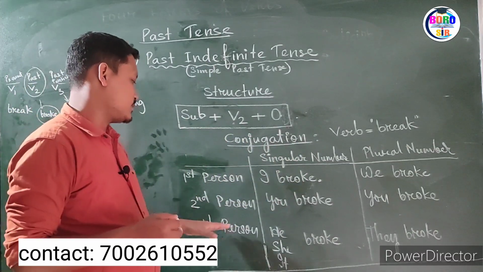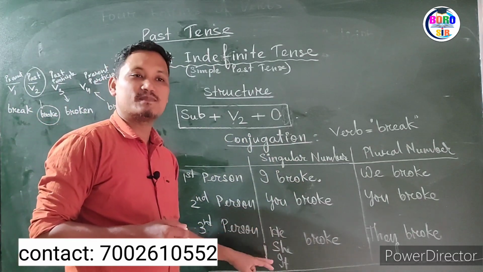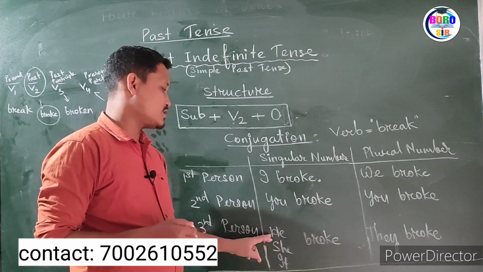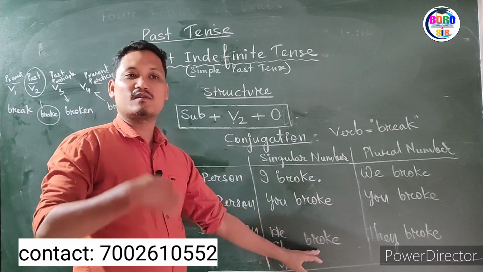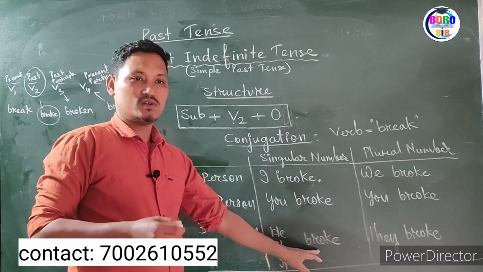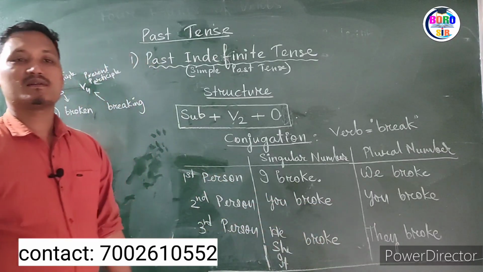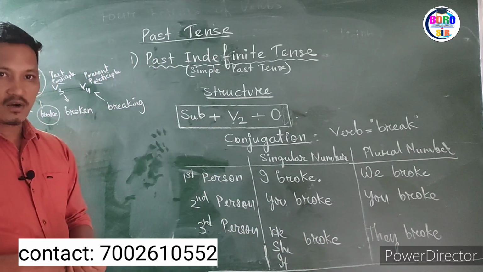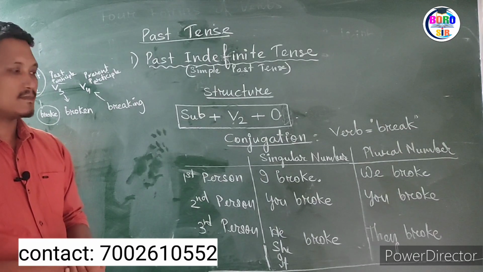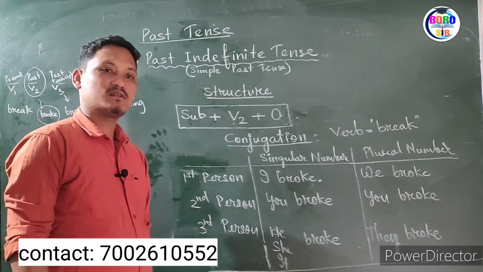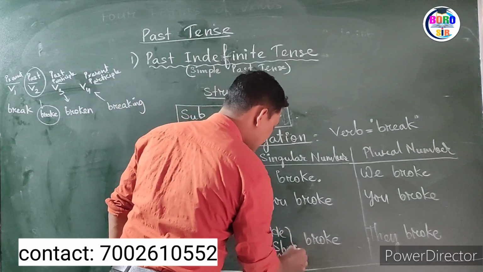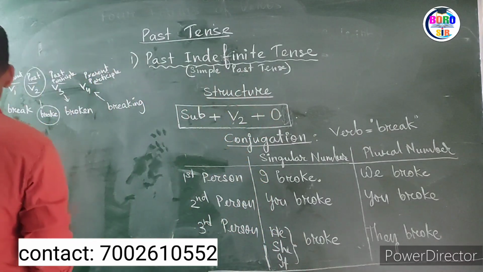In the third person singular number we have 3 subjects, but they will all take the same verb form, broke, and plural one they broke. Okay, so have you finished it?